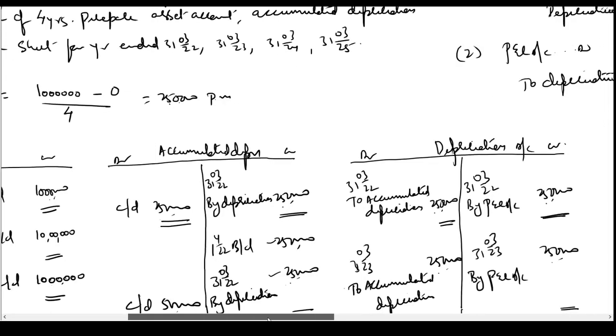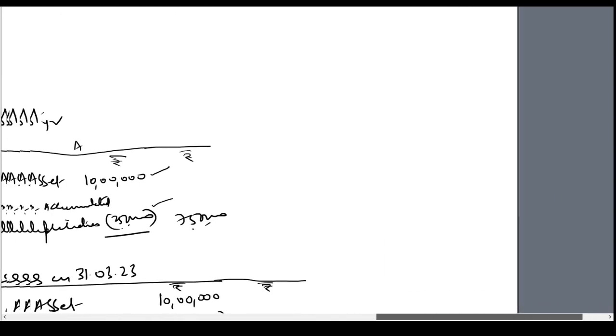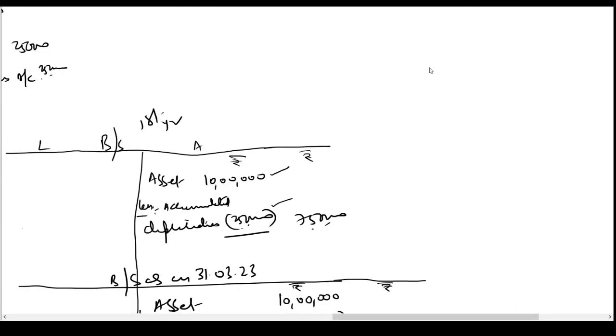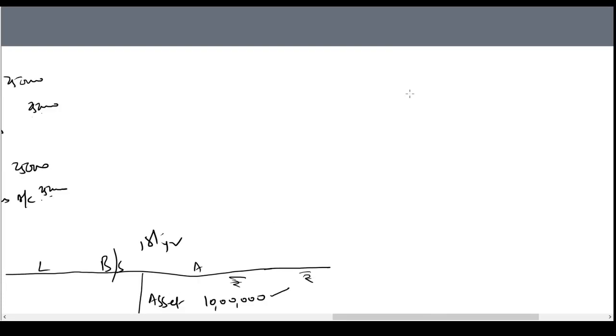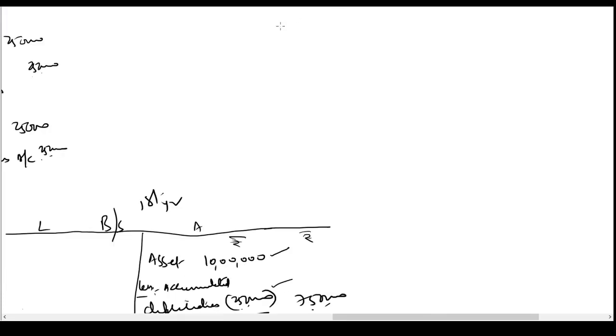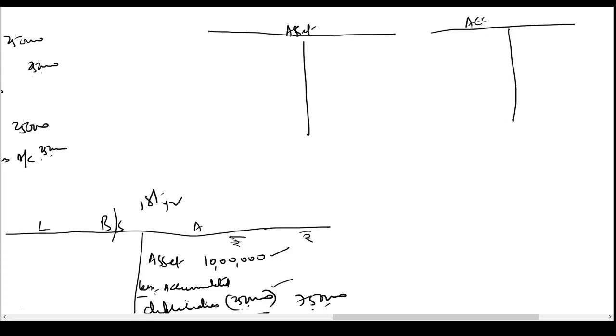Now, at the end of the life of the asset, how will we close down the asset account in our books? This is asset account. This is the accumulated depreciation account. Asset will be showing a debit balance of 10 lakh. And this will be showing a credit balance of 10 lakh.